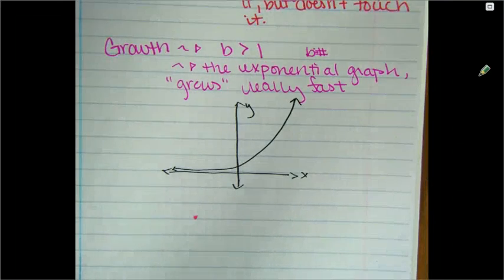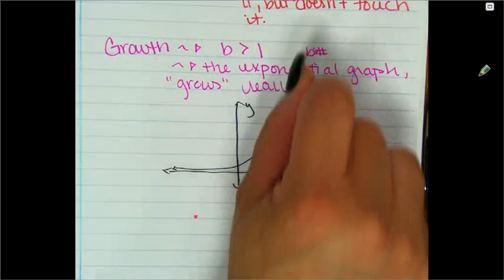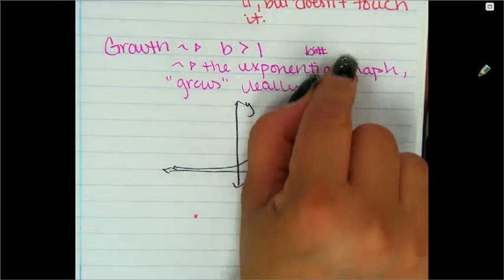So like something like that, right? It starts out super, super slow, and then it jumps. So that's your growth, okay? It's going super, super slow, and then it jumps really, really fast.